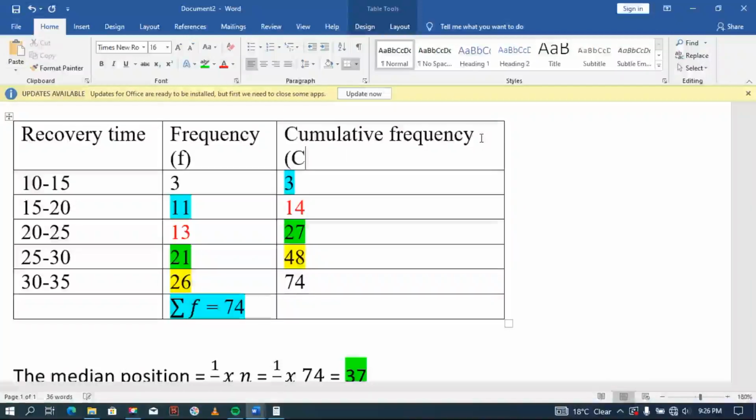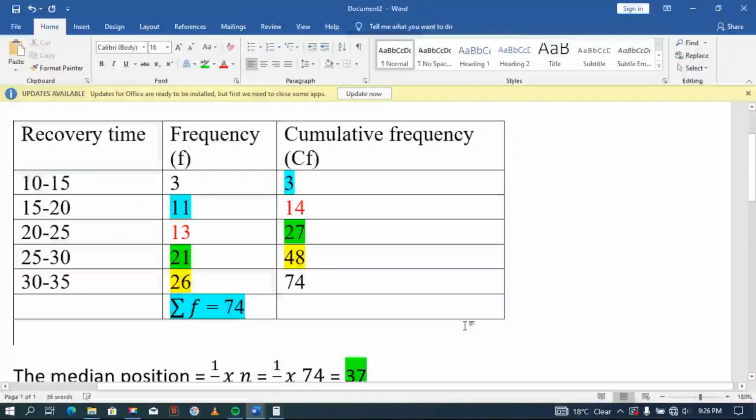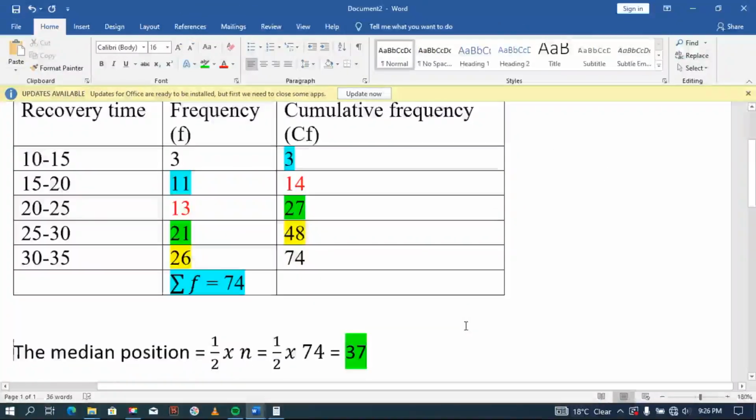So now we come to the cumulative frequency column to look for 37. If we happen not to find 37, we take the cumulative frequency just greater than 37, and that is the one that gives us the median class. The corresponding class becomes the median class.